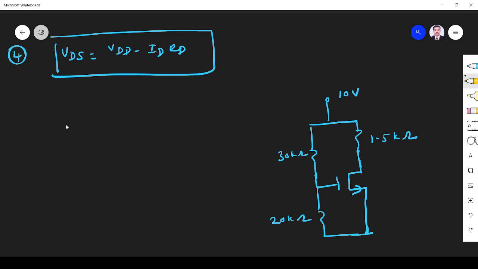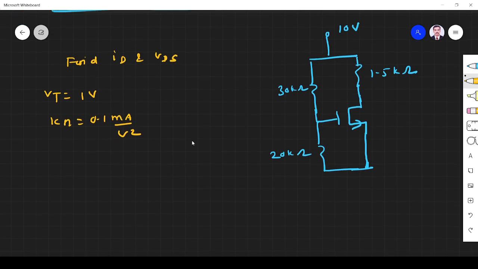So what do we have to find? We have to find ID and VDS. Given VT is equal to 1 volt and Kn is equal to 0.1 milliampere per volt square. So we know ID is equal to Kn (VGS minus VT) squared, with the assumption that the MOSFET is in saturation.